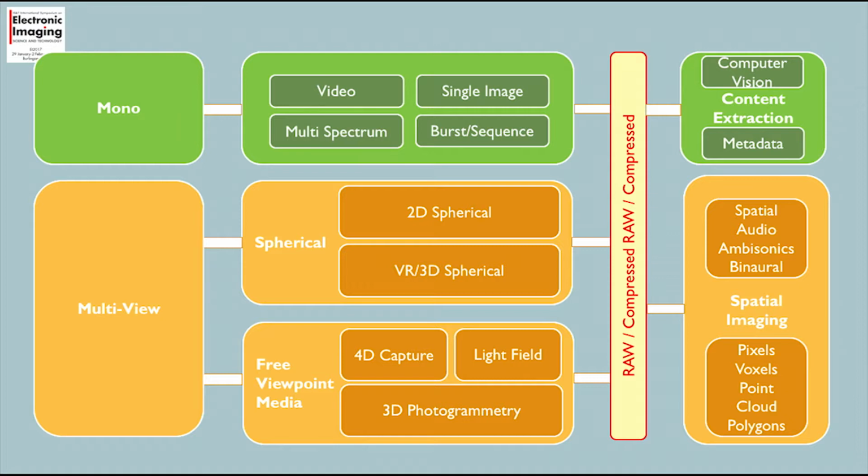In the spherical, we've got 2D, we've got 3D spherical, and that connects through with ambisonics and everything, because you need 3D audio to go with spherical images. And then we've got these exotic things at the bottom here, free viewpoint media, 4D capture, light field, photogrammetry, which could be anything: pixels, voxels, point cloud, polygons, you name it, waveforms.